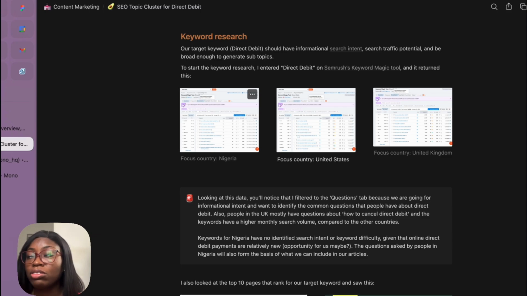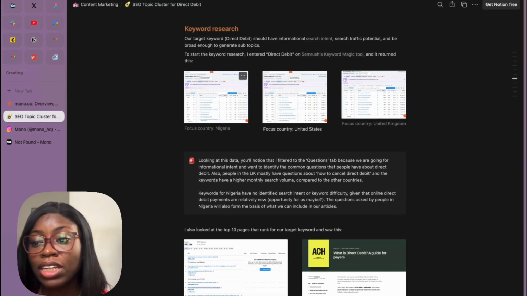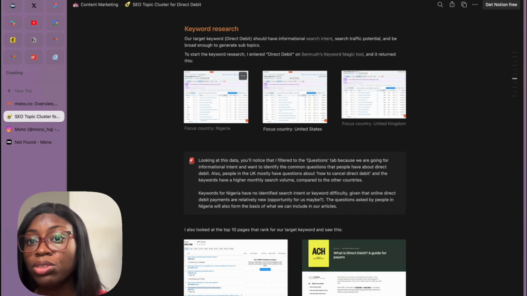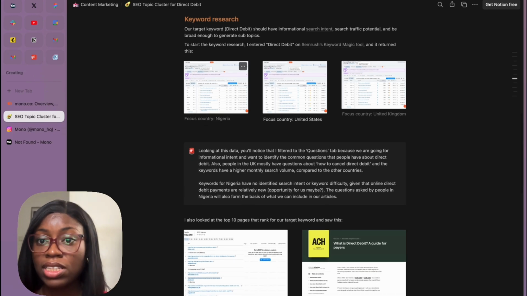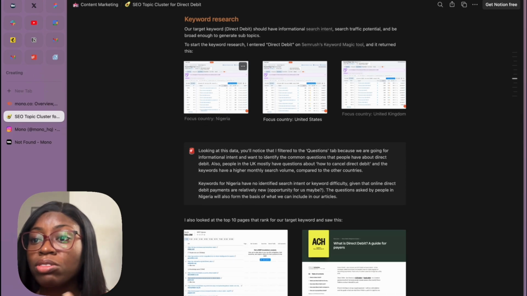So we were going for informational search intent, to capture those search queries and answer the questions people had. Then I determined the search traffic potential, and whether my target keyword was broad enough to generate subtopics. I started by using SEMrush for my keyword research.